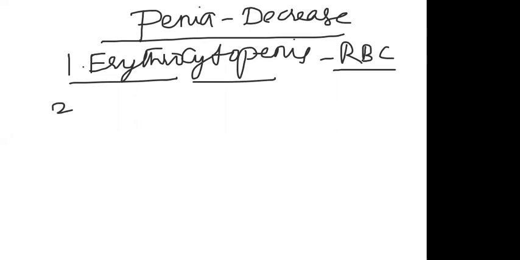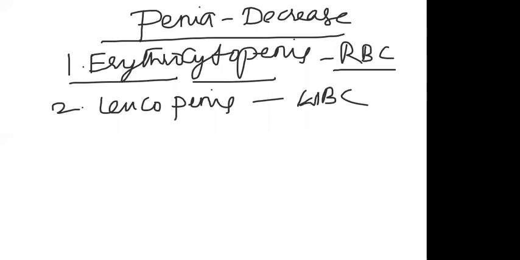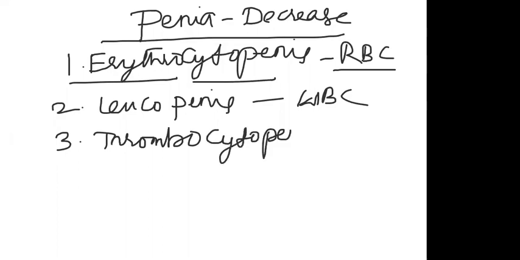Next, leukocytopenia or leukopenia. That means a decrease in the number of WBC. Next, thrombocytopenia, which is very familiar with dengue fever. Their platelet number is going to decrease. So a decrease in the number of platelets, we say thrombocytopenia.